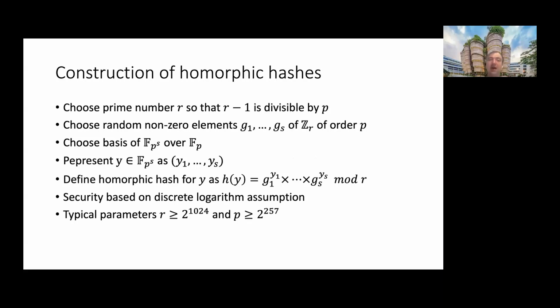We choose a prime number R so that R minus 1 is divisible by P, and then choose non-zero elements G1 till GS from Z_R, and each of these elements is of order P. Then choose the basis of the extended field F_P^S over F_P and represent each element of the extended field as a vector of length S in the base field, and define the homomorphic hash of element Y from the extended field as the following product: G1 to the power Y1 till GS to the power YS, modulo R. The security of this scheme is based on the discrete logarithm assumption, and typical parameters are presented here.